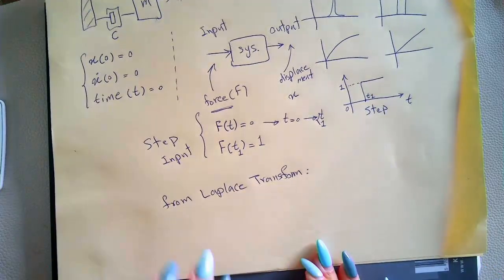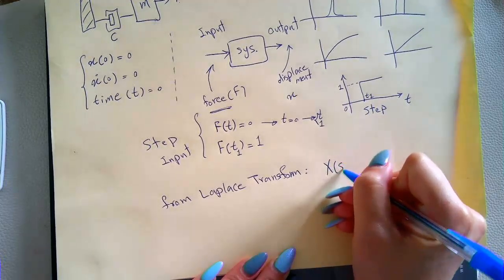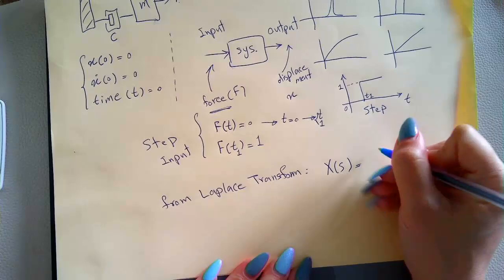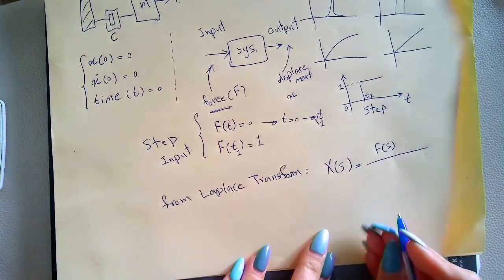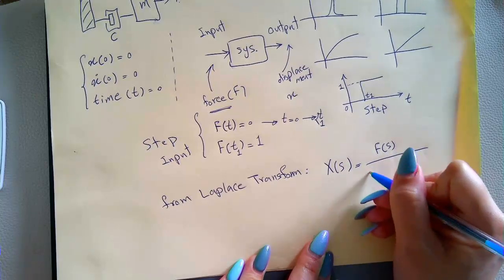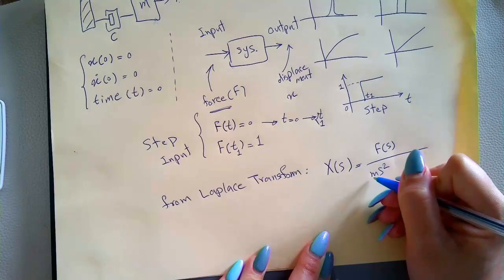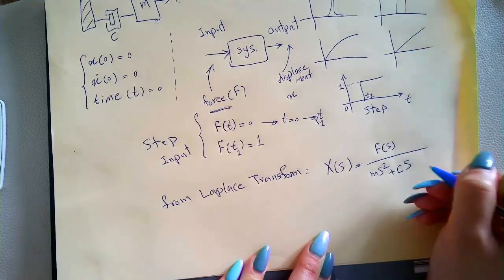Sorry for my handwriting, we have X of s is equal to F of s over m s squared plus c s plus k.